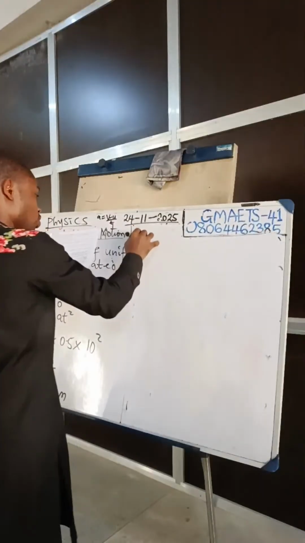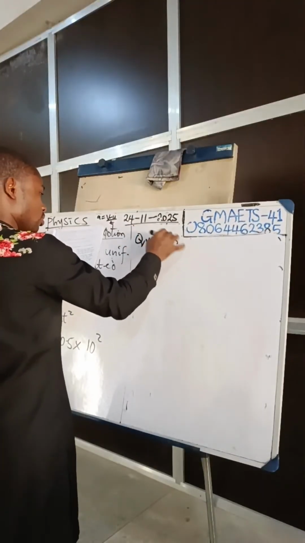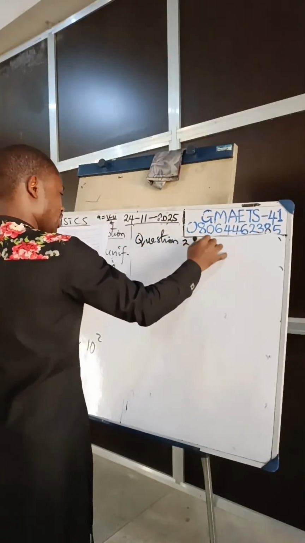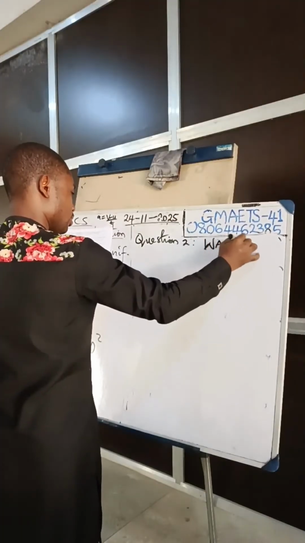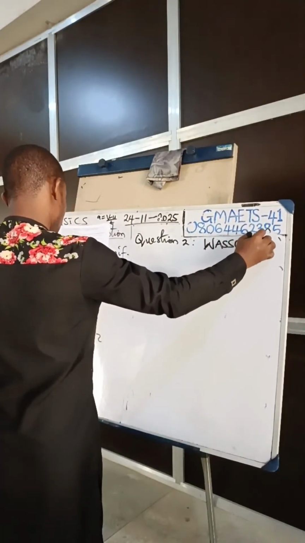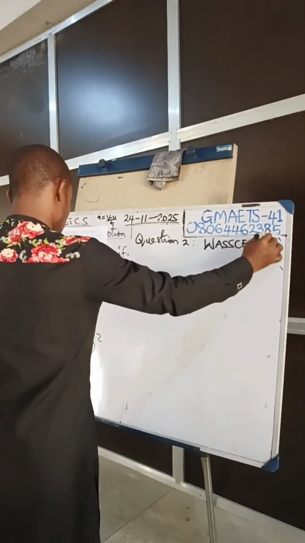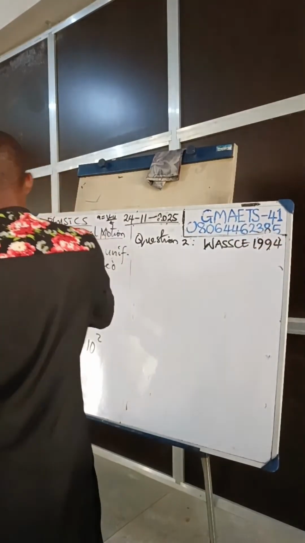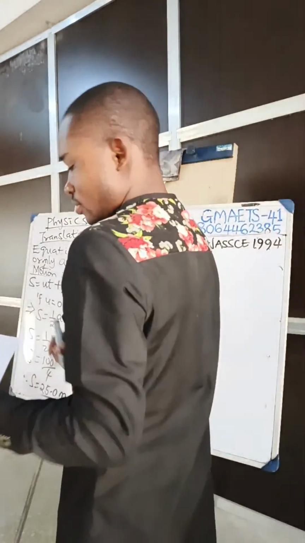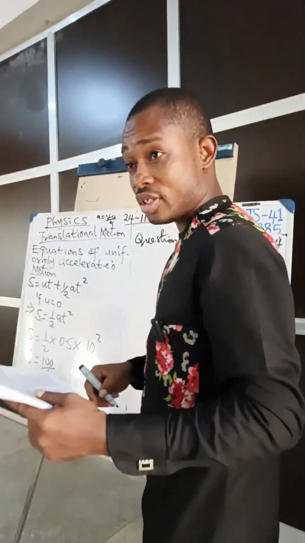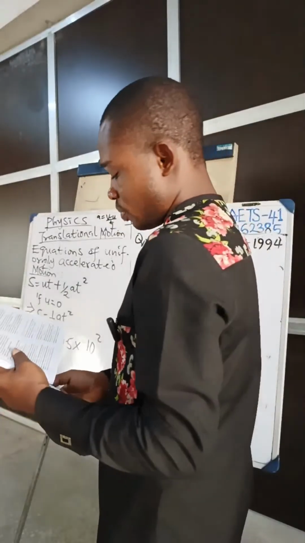This is question number 2, WASEC 1994. The question was still repeated in 2007, according to the information in the class question here. They have that question in 94, they repeated it in 2007.